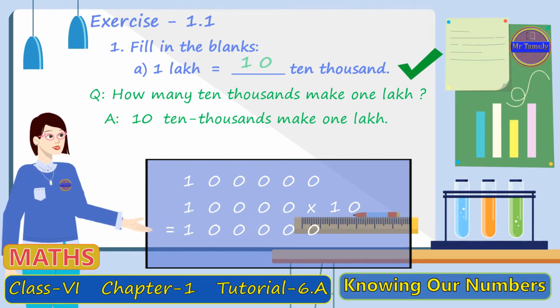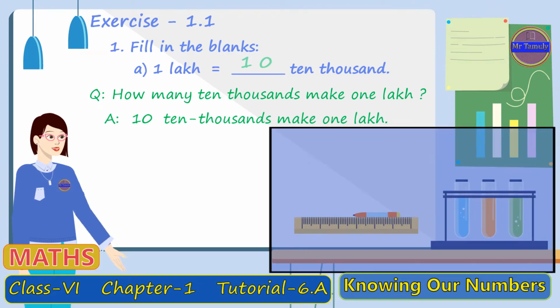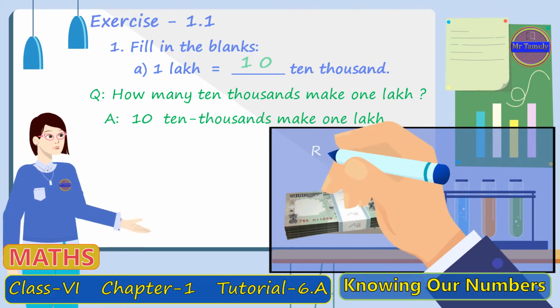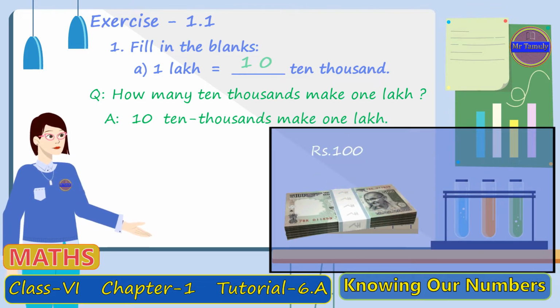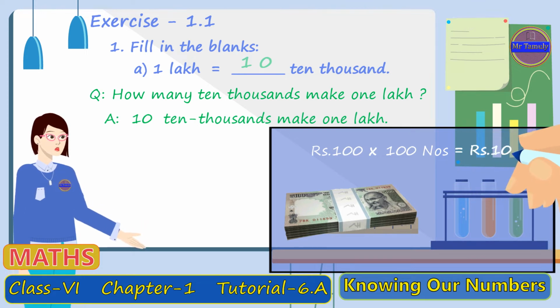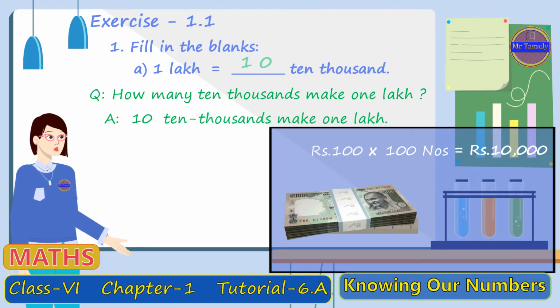Like the person working in the bank, let us also try and understand this equivalence in terms of currency notes. This is a bundle of 100 rupee notes. The number of notes in this bundle is 100. 100 multiplied by 100 is 10,000. So the amount of money in this bundle is 10,000.